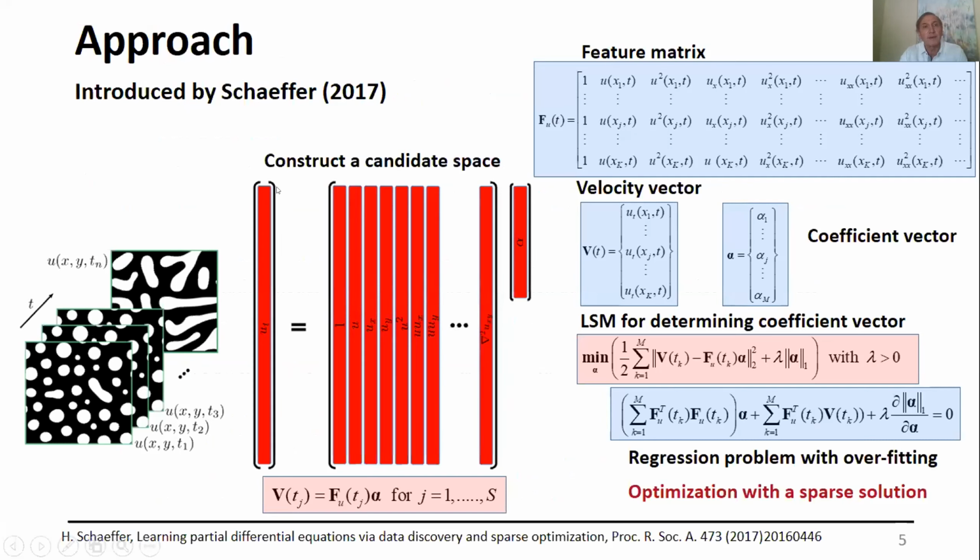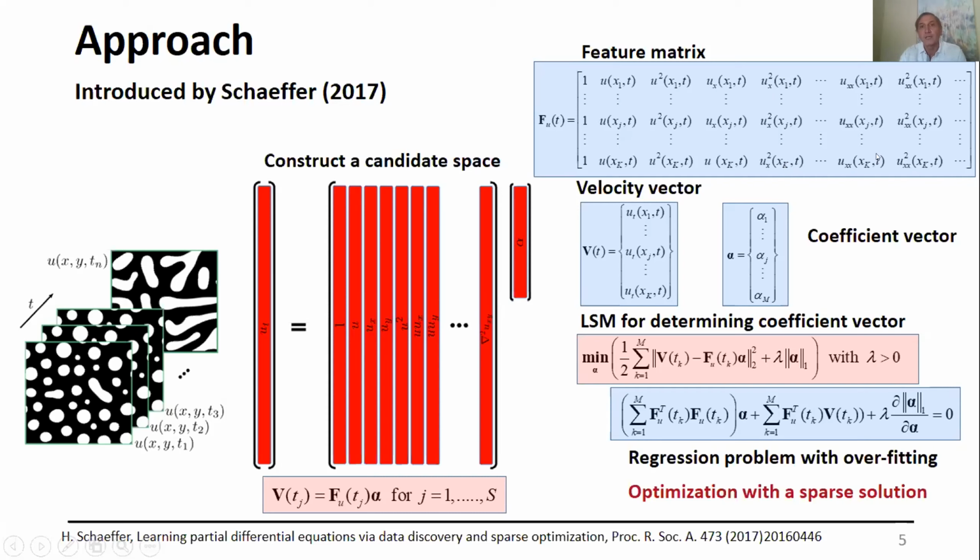So what we do is, given the data set here, we construct a candidate space. In this candidate space, we have a feature matrix, which has the possible candidates or derivatives that you may have in the partial differential equation. So the field variable itself, its square, the first derivative, the square of the first derivative, the second derivative, and so forth, different combinations.